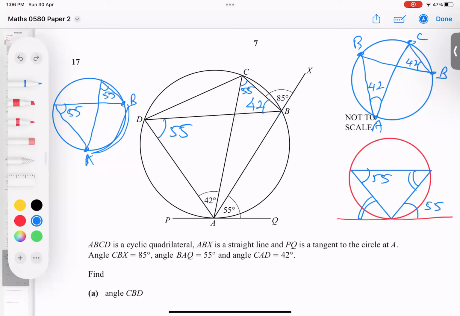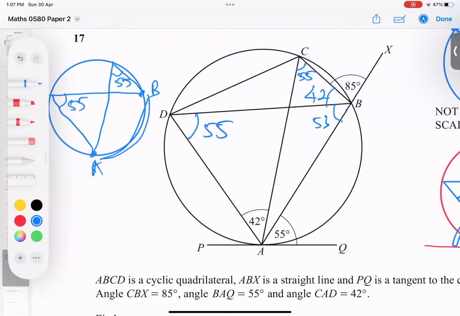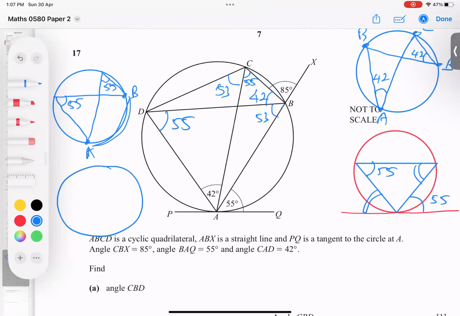What is left behind? It is 85, and this is 42. I can find this. Why? Because it is a straight line, and the sum of all angles is 180 degrees. So if I subtract 180 minus 42 minus 85, I'm getting this 53. Now, interesting part: if this is 53, I can tell this is 53 also. How do you know, sir? I make this circle again.